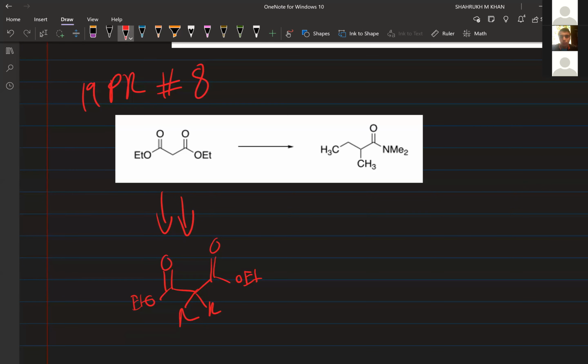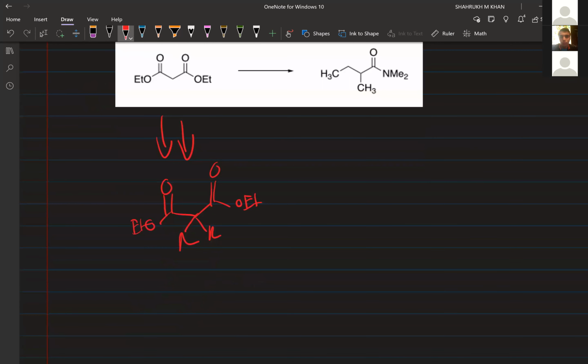So if we hydrolyze this, when we hydrolyze it, they both turn into carboxylic acids. Then when we heat it enough, remember it does that 6-membered transition state, and one of the carboxylic acids leaves as CO2.